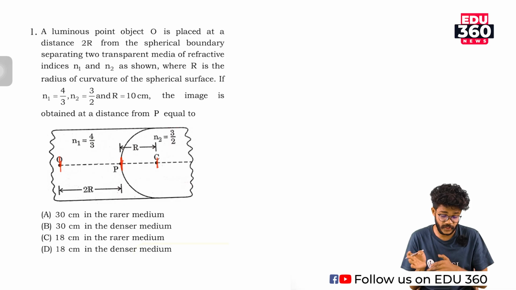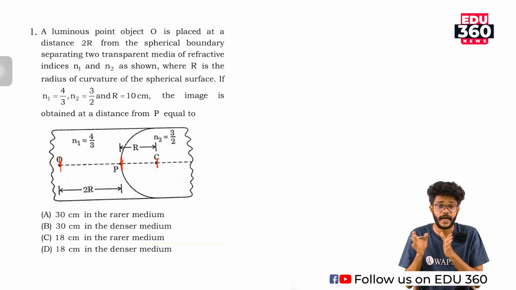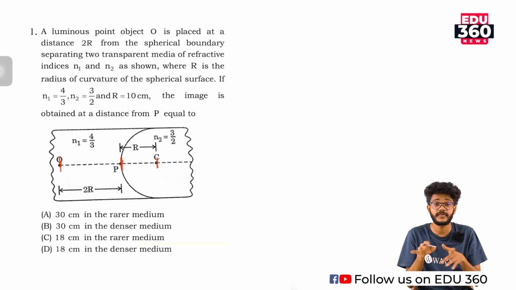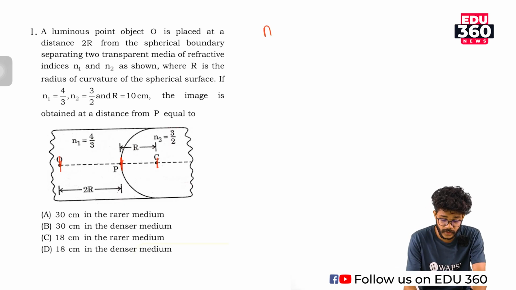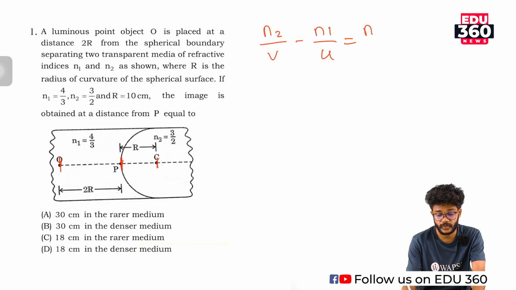So which equation connects n1, n2, r and focal length? Okay, we need focal length. Which equation connects all these data? Yes, I will write that for you. n2 by v minus n1 by u is equal to (n2 minus n1) by r.